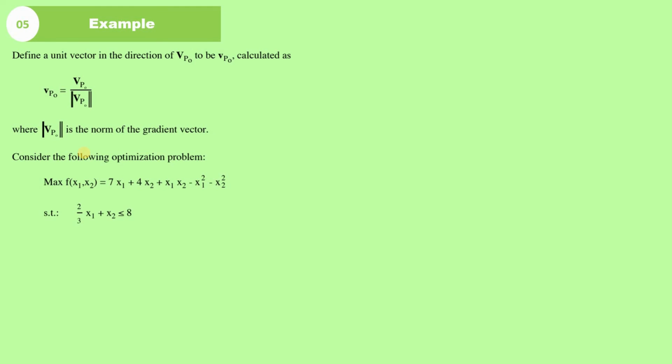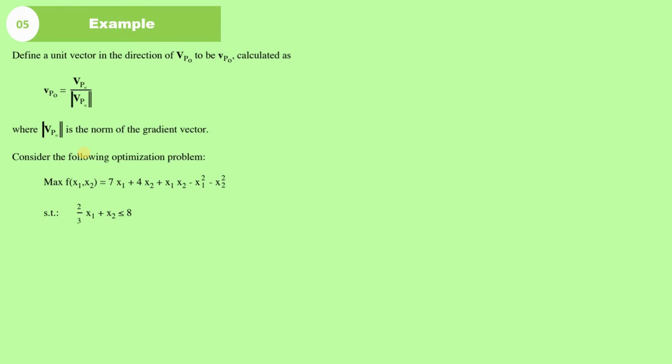Considering the following optimization problem, we need to find the maximum possible value of the function f of x1 and x2. Here we are taking a multivariate function so that we can understand it better.